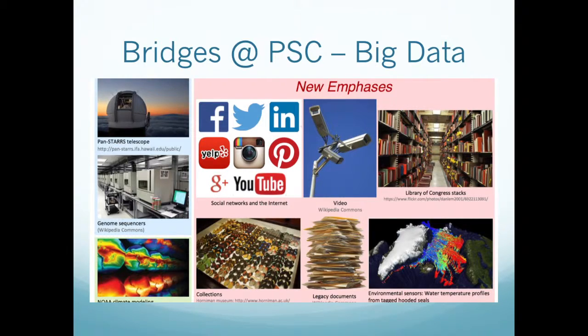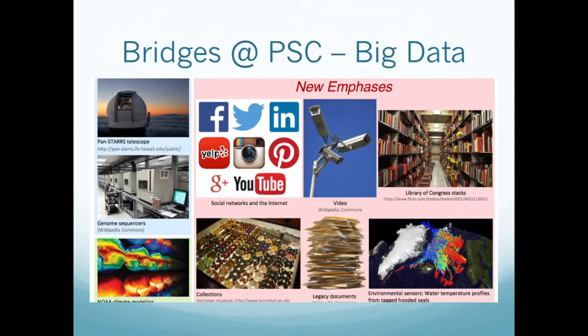So the first resource that I'm going to talk about is Bridges, which is located in Pittsburgh, at PSC. And as you can see, again, this side is more traditional HPC that has a lot of big data, either data acquisition using, for example, a telescope. You get lots of information about stars and things like that.